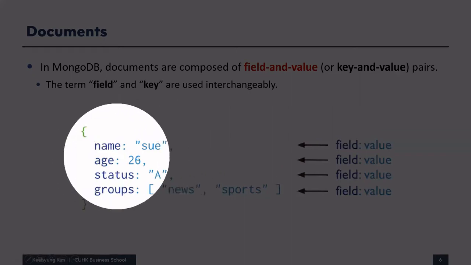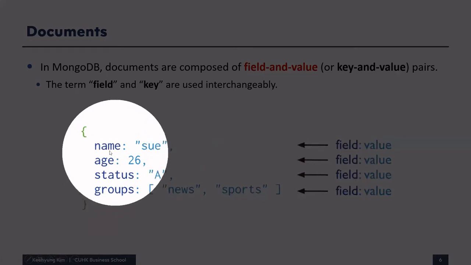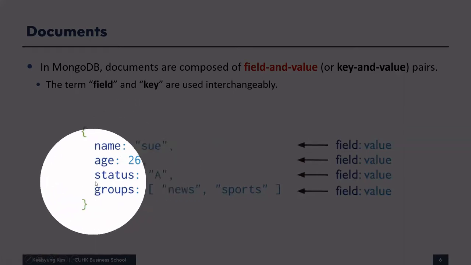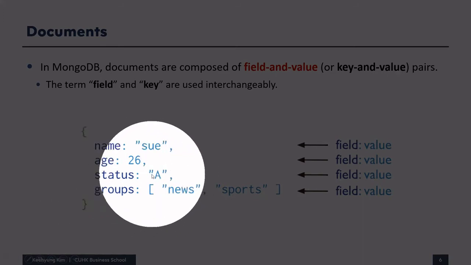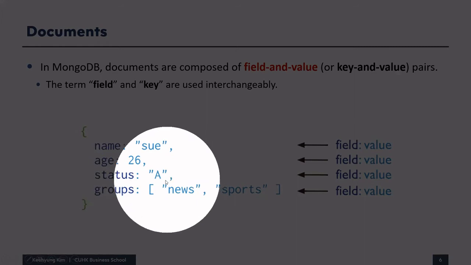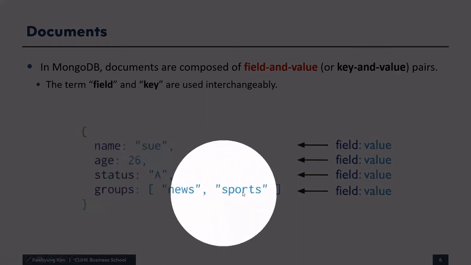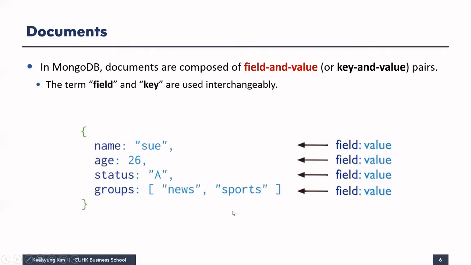After the first line, we use a comma and specify the next field. The next field is age, with value 26, and then a comma. In the next line, the field is status, and the value is string A, and a comma. And there is a group field, and inside the group field, we have a list of elements as the value. So this is one example of a document you can create in MongoDB.